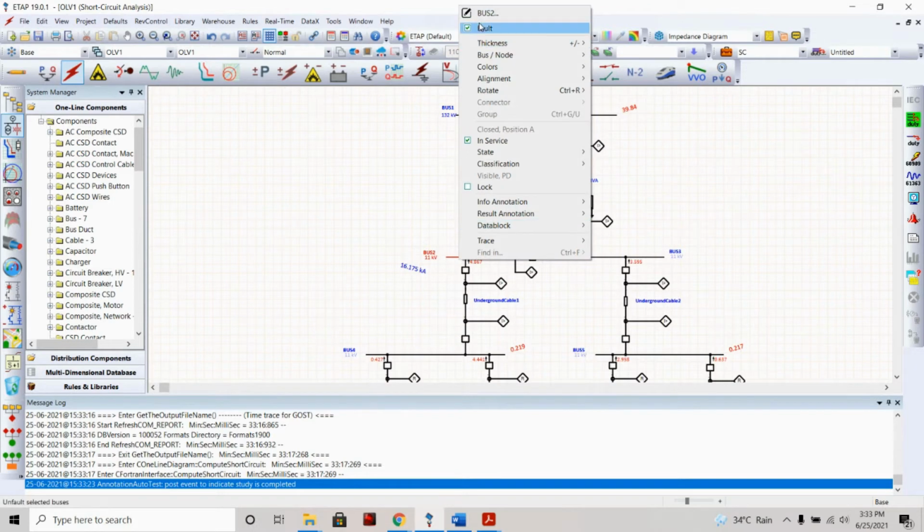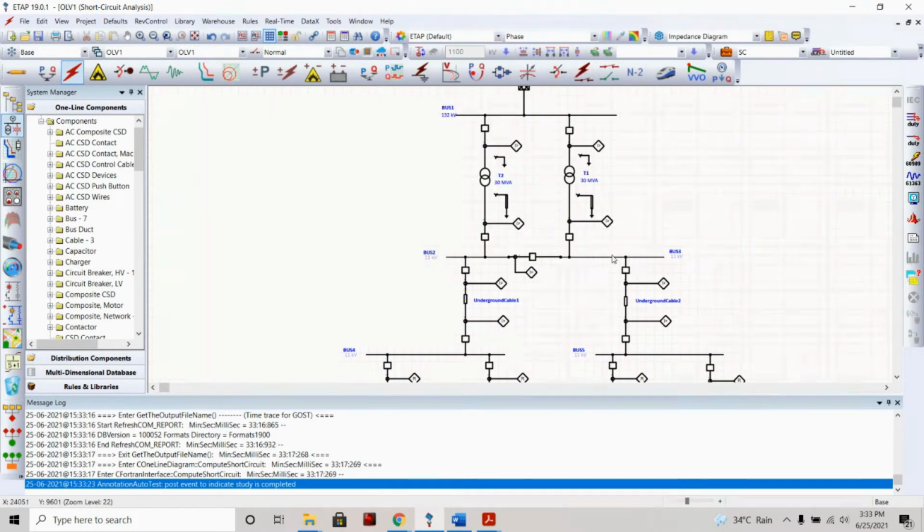For bus 3, we'll be having fault current of 16.175 kilo ampere also.